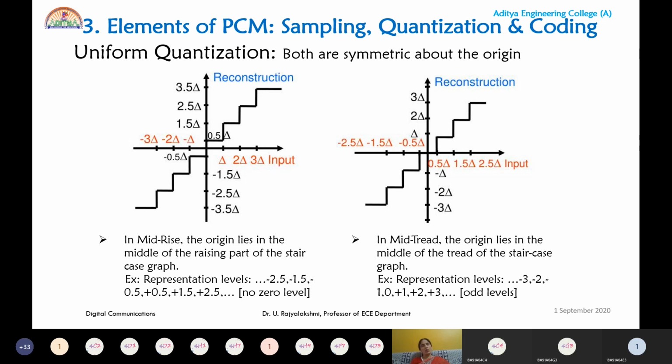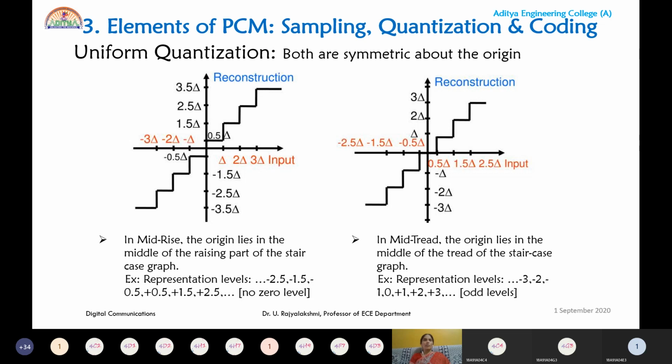In general, the quantization response will be the staircase graph. It looks like a staircase waveform. In the mid-rise, the origin generally lies in the middle of the rising part of the staircase graph.